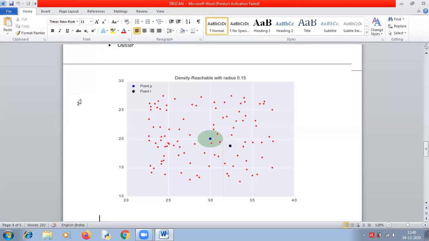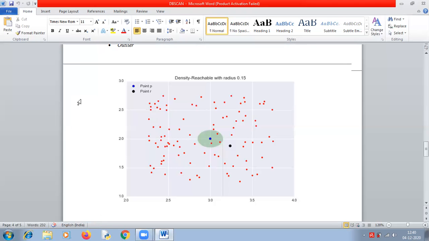I repeat, core points are the foundations for our clusters since they are based on the density approximation. We use the radius to compute the neighborhood for each point, so the volume of all the neighborhoods is the same. However, the number of points in each neighborhood differs, and this is called the mass.